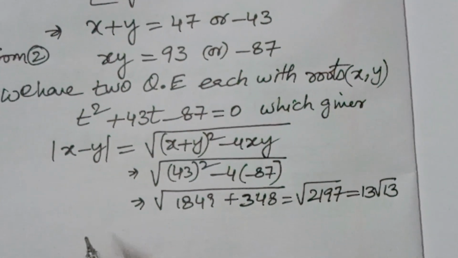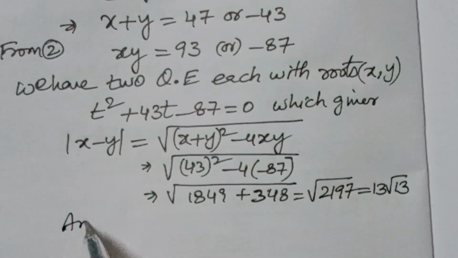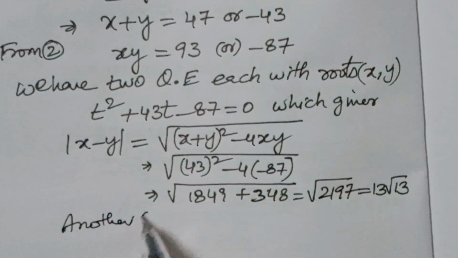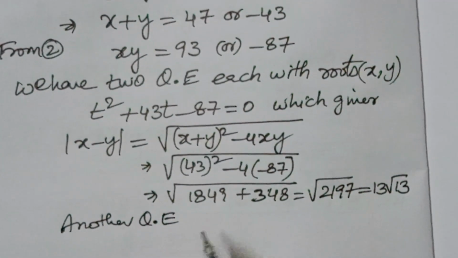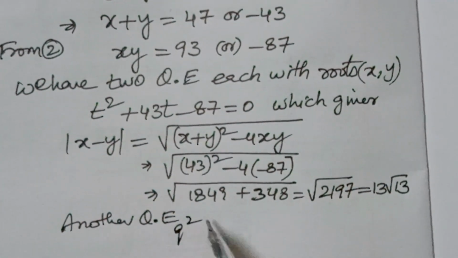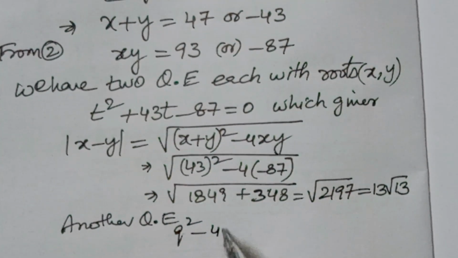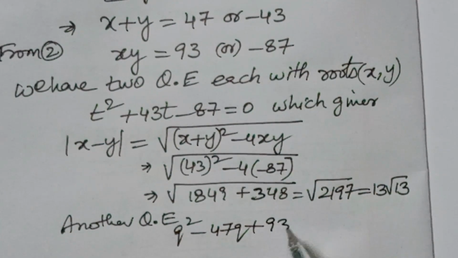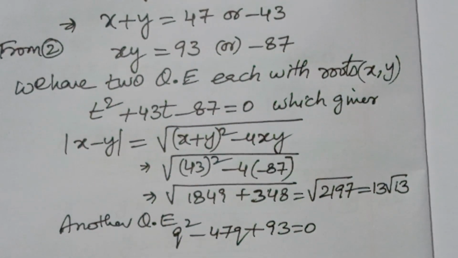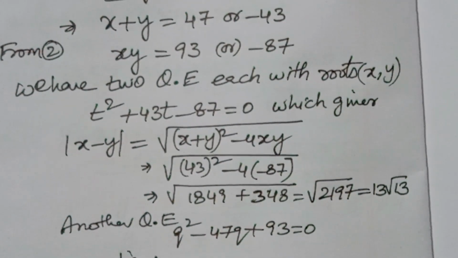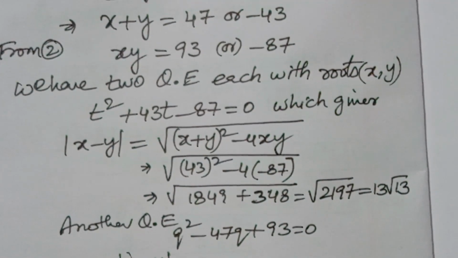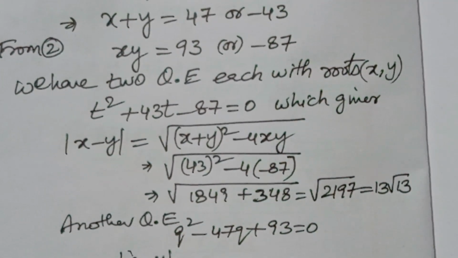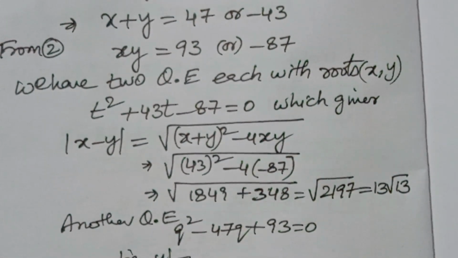Another quadratic equation, let us take it as q squared minus 47q plus 93 equal to 0. By applying the same formula, |x minus y| is equal to the same formula.